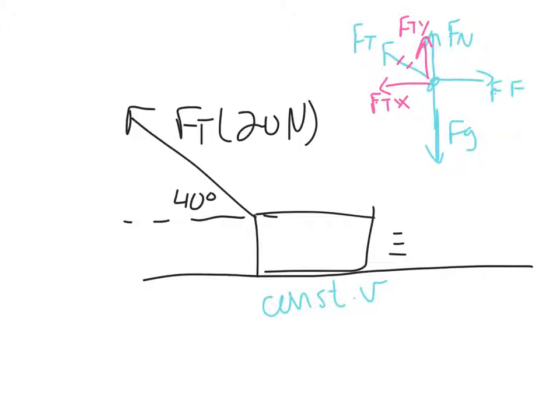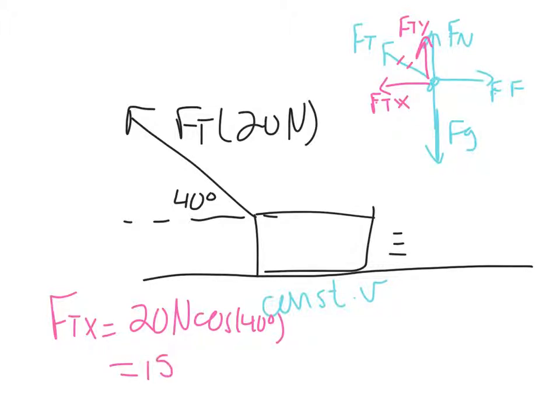So to find Ftx, I take my tension force, 20 newtons, times the cosine of 40 degrees. 20 newtons cosine 40, again making sure that your calculator is in degrees and not radians, gives us 15.32, keeps on going newtons. So this force right here is 15.3, keeps on going newtons.